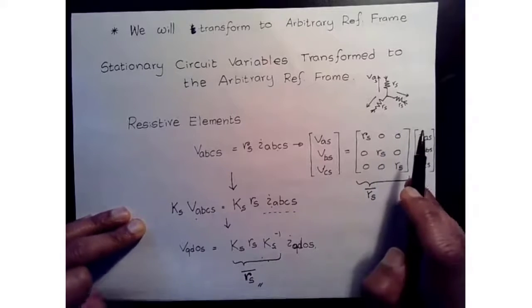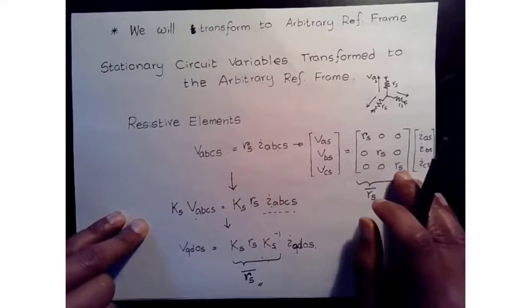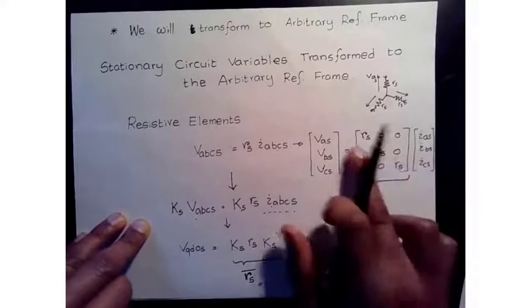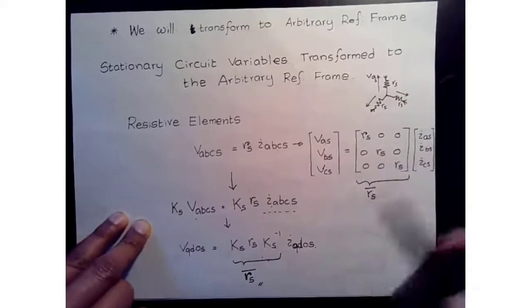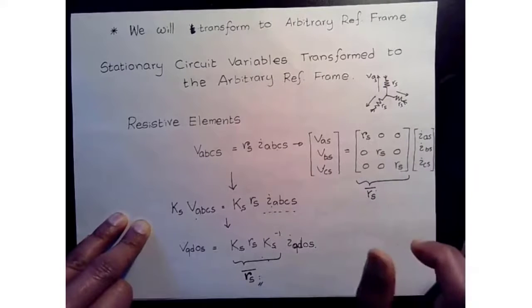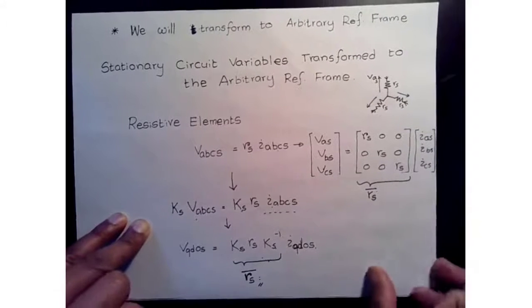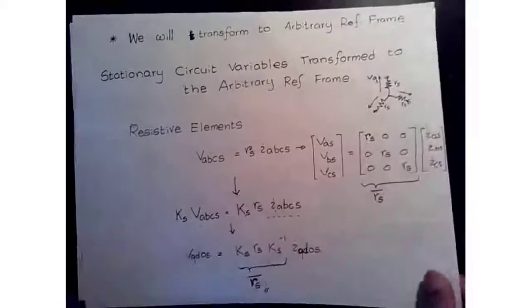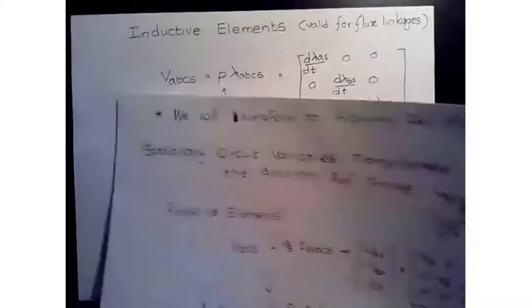I can't think of an example for resistors at least right now. But if they are equal, if they are on the diagonal, which is what we assume for machines, you get the same RS value. Okay, so for resistive elements, this works fine. It looks okay, right? Let's see what happens next.